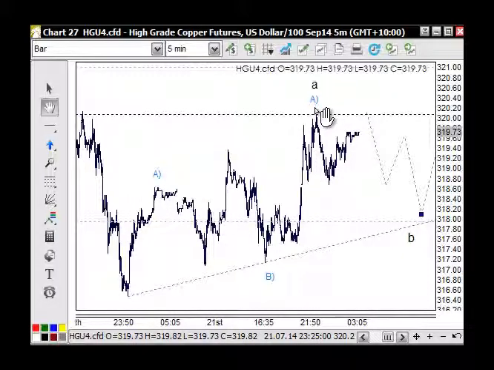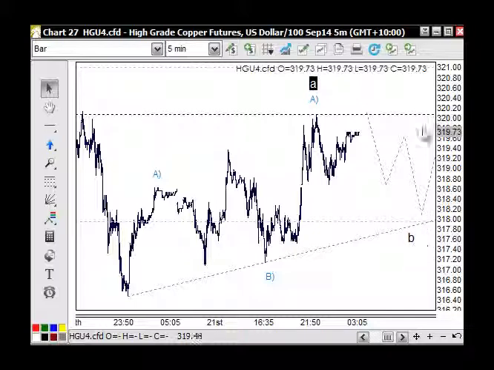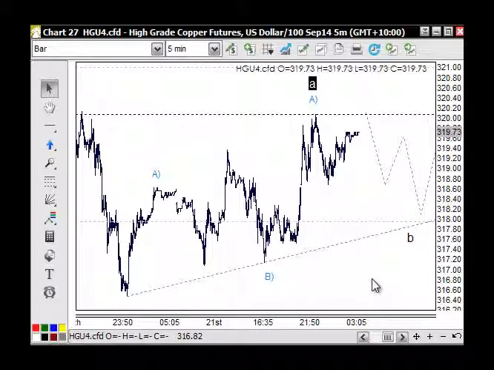I've just labelled it as wave A here, sorry, that should be wave C there, of course, blue wave C, and label it as wave A here. So we could still have wave B here and then wave C up, which would be the right sort of proportion and ratios.